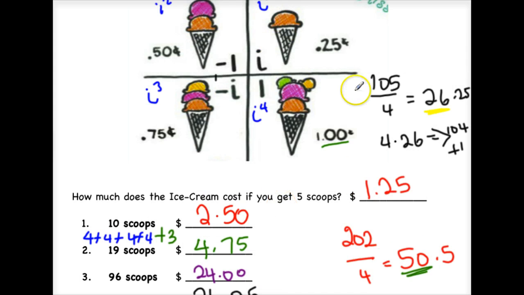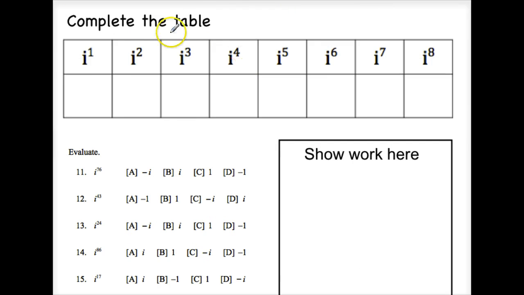Okay? Now, what I want to go into again is this table. Remember, we talked about this pattern. I said there is always a pattern with every 4. So we said i to the first power is what? Anything to the first power is itself.